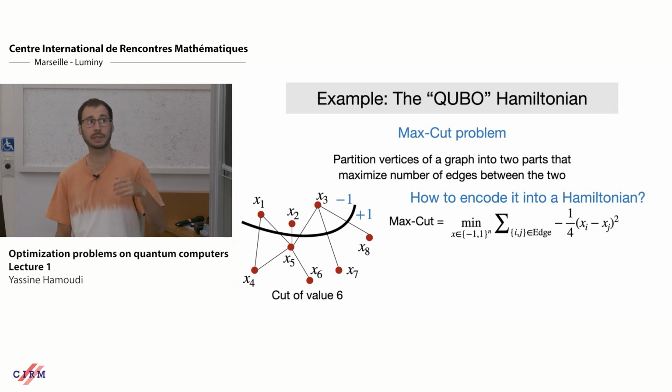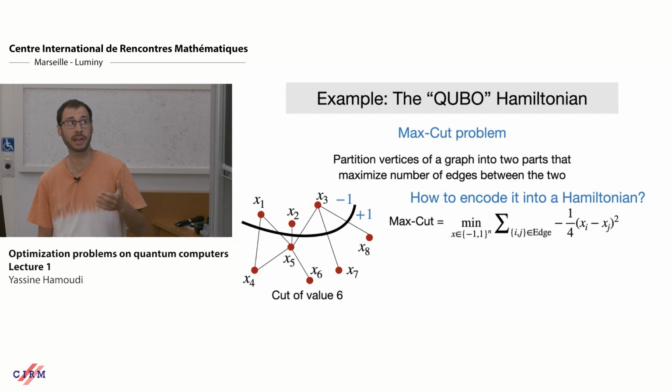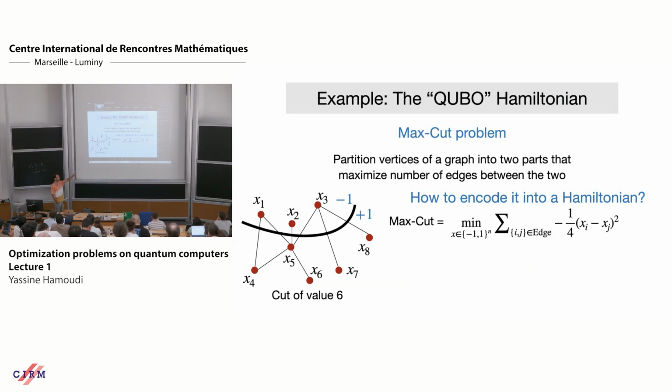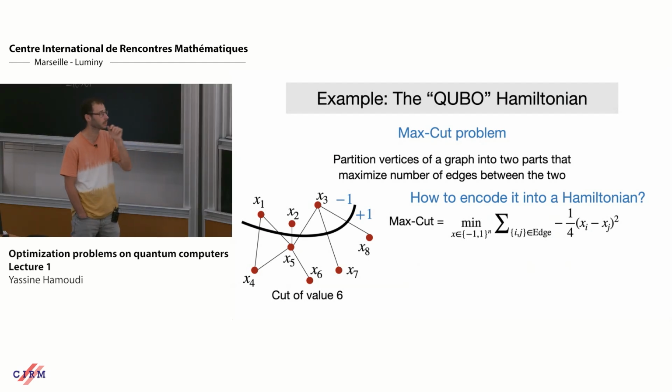Now, max cut can equivalently be defined as the following thing. You want to minimize over all possible assignments to the vertices the following objective, which is a sum over all edges of -1/4 (xi - xj) squared. So why does it represent the correct objective function? Well, you can see that if two vertices belong to the same side of the partition, then xi minus xj would be equal to 0.